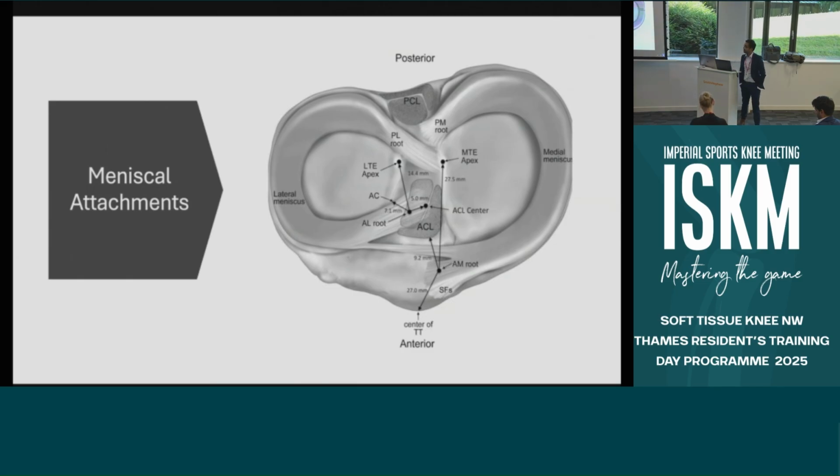And then the other thing is the anterior root of the lateral meniscus. You can see it is on the anterior side of the intermeniscal ligament here. So it's much more posterior than you would expect, and you can injure it when you start doing ACLs.